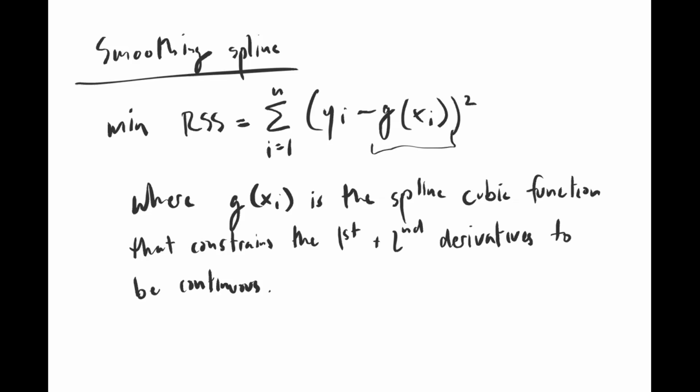And that can be modified in certain ways such that it reduces your RSS term, right? And that's essentially what the spline regression is trying to do.